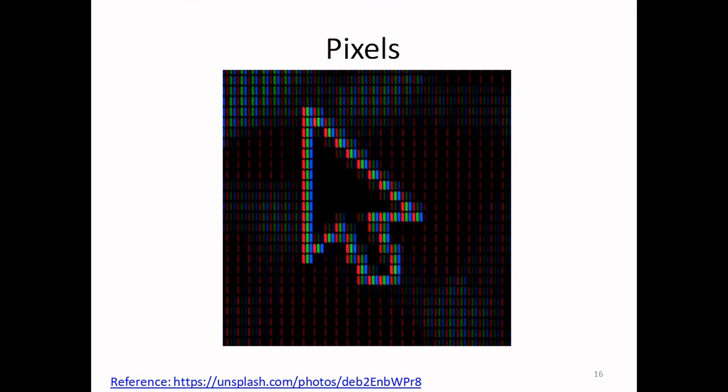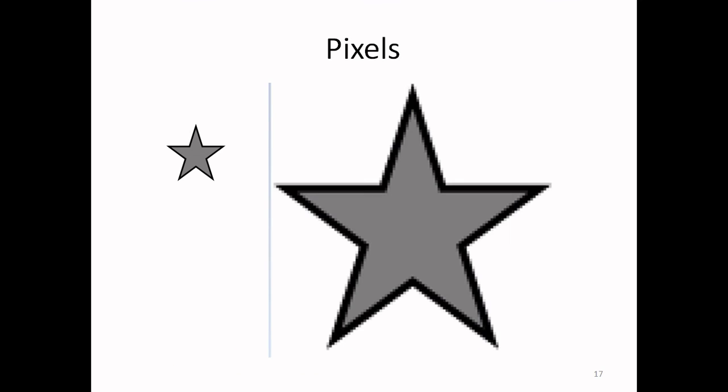Another picture that I will show you is of this star. Now, as you can see, I was talking about zooming in and zooming out. On the left hand side, I have this star. This star appears very clearly to me, but when I try to zoom in on that, as you can see on the right hand side, it gets blurred as well.